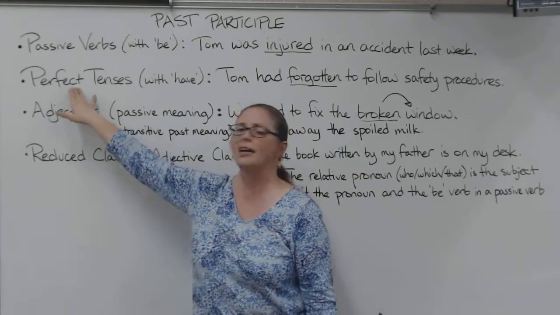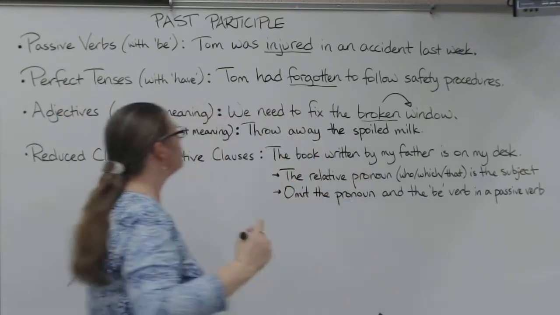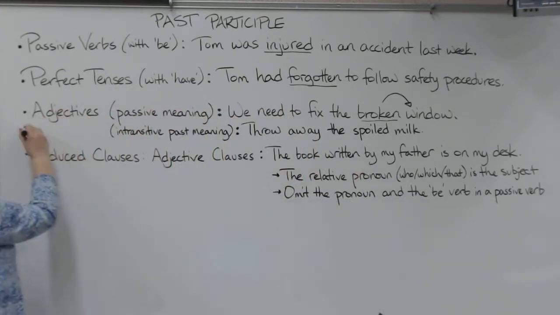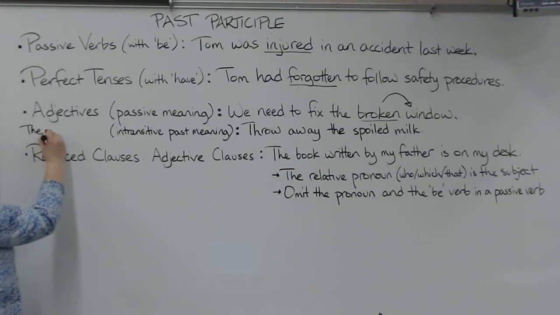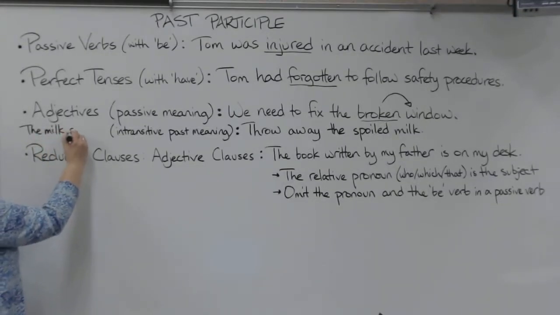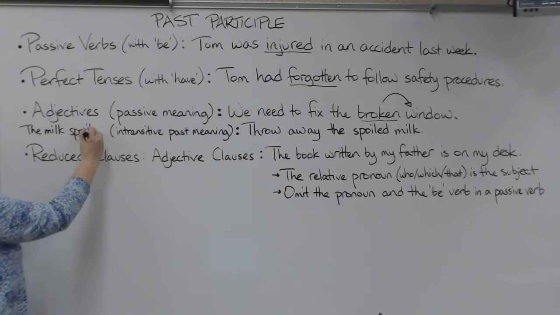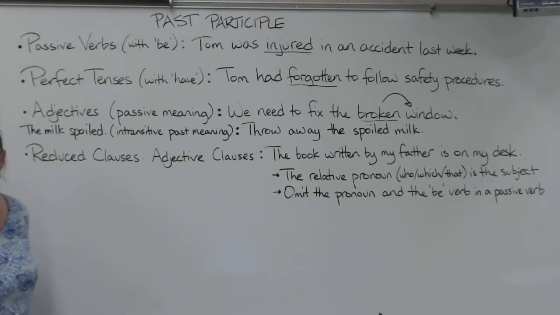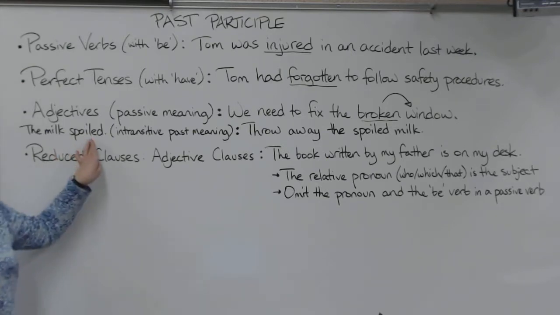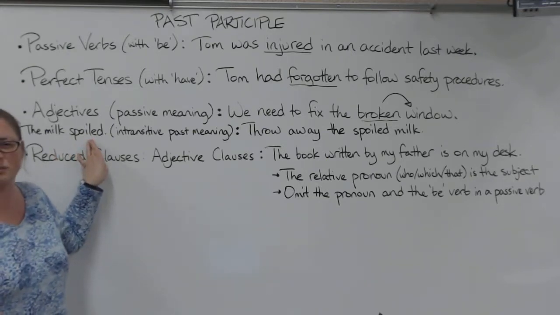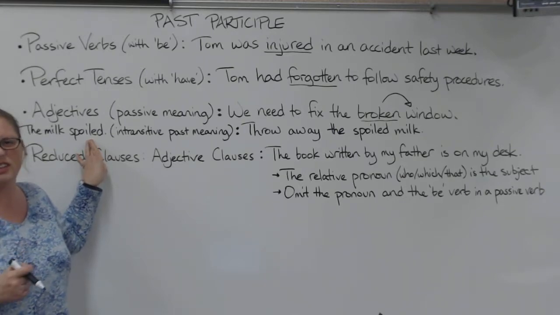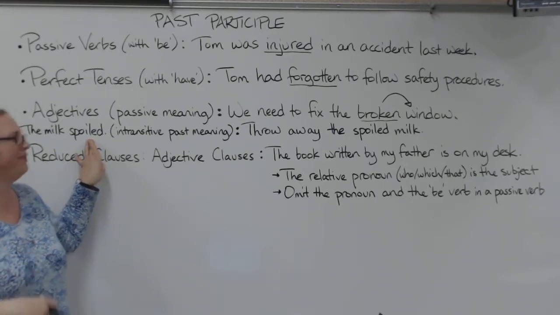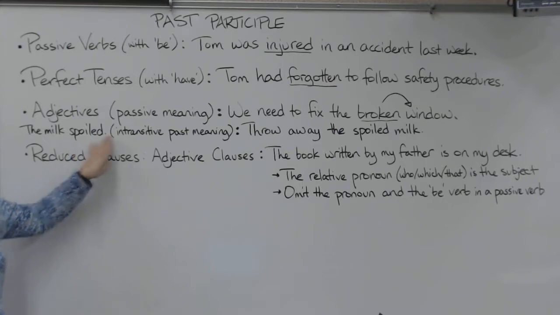Maybe that comes from the idea of the perfect tense. So for an example, you can say the milk spoiled. This is intransitive. There's no direct object. You can't say the milk spoiled something. The milk spoiled. It went bad. It curdled. So this is an intransitive.